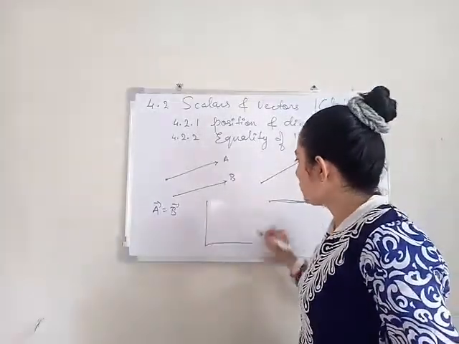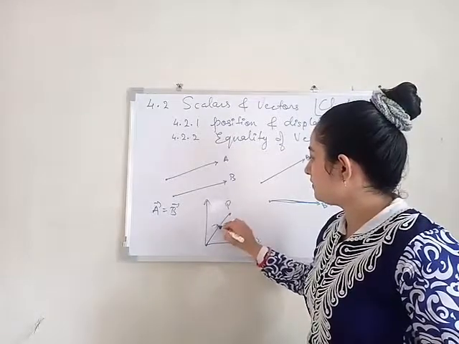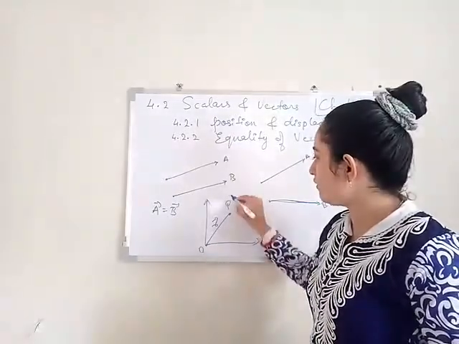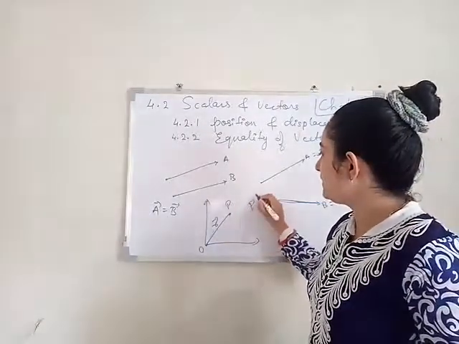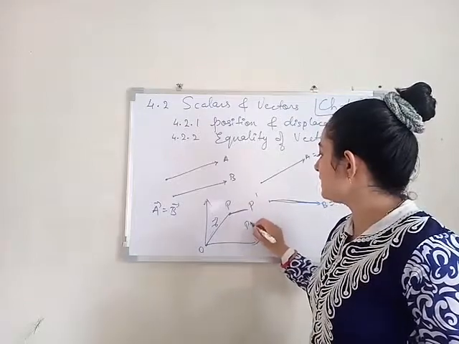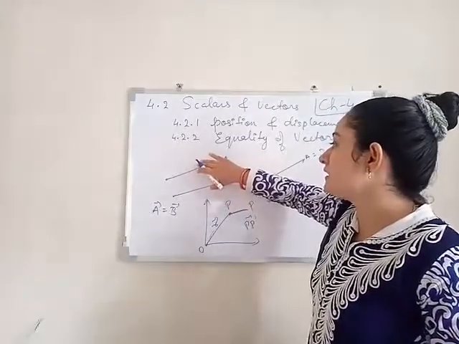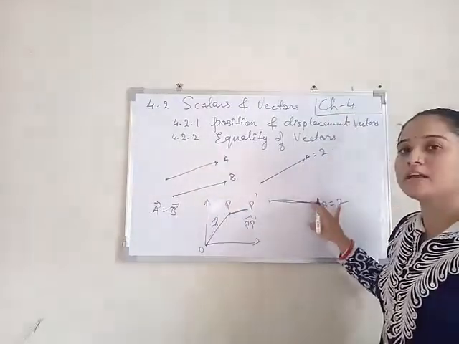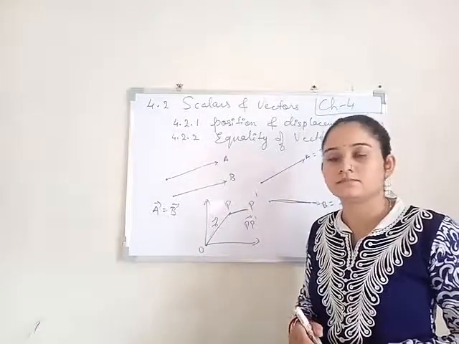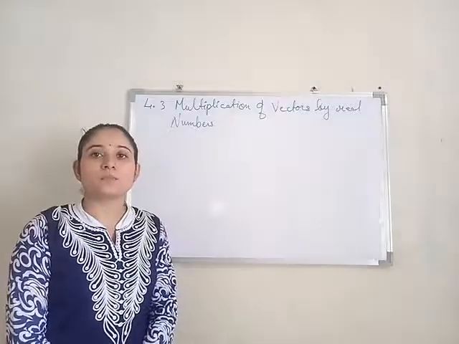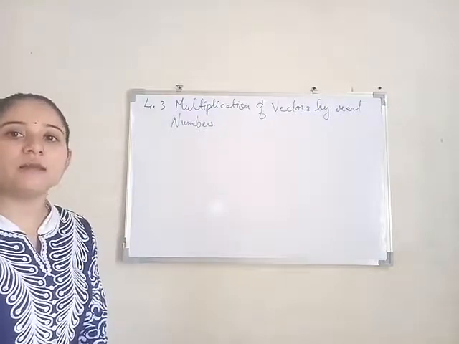So from this position and displacement vector, you know that this vector R, or you can say OP, is the position vector, and P to P dash is the displacement vector. Here these are the equal vectors and these are having same magnitude but opposite direction, so they are not the equal vectors.